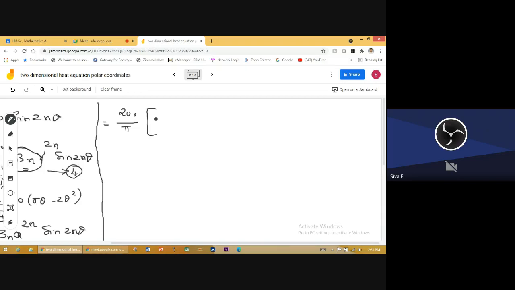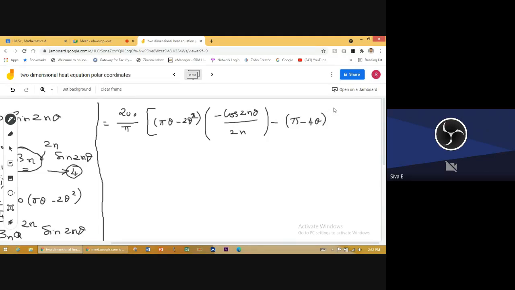First keep it u. That means pi theta minus 2 theta square. Then integration of sine is minus cos 2n theta by 2n, minus differentiation of pi theta minus 2 theta square, pi minus 4 theta.